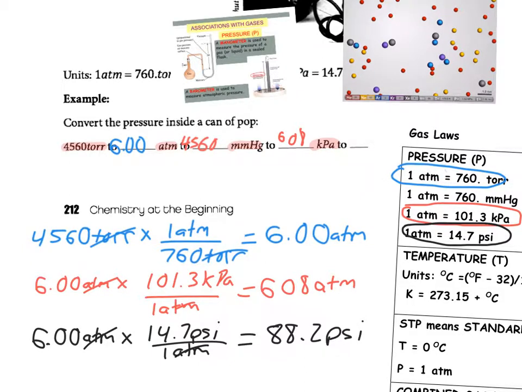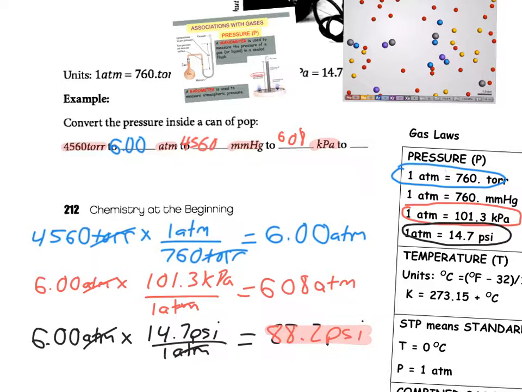If you think about this, being a can of pop with a pressure of 4,560 torr, that's 88.2 PSI, which is probably over twice the pressure that's in your car tire. So that's a pretty high pressure in the can of pop.